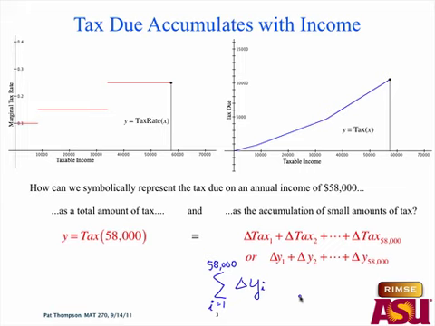So let's just write it once, and then just indicate how they change each one, and then this capital sigma stands for sum. So we're summing up all of these delta y's, where the first one is 1, and then we do 2, and then 3, and then 4, and then 5, all the way up to 58,000.